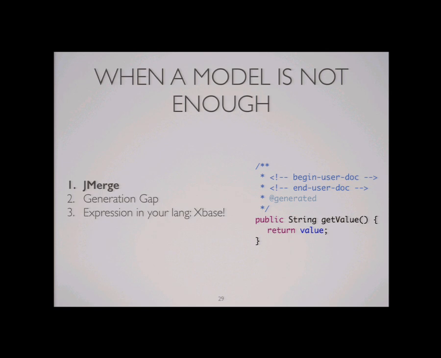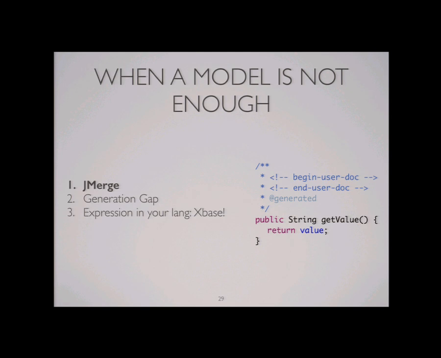When in EMF you define your EClasses and the references and the attributes and the operations and the signatures of the operations. But when it's about implementing the operation, you need to go down to the Java code and modify the generated Java code. EMF has this generation gap pattern-like approach here.